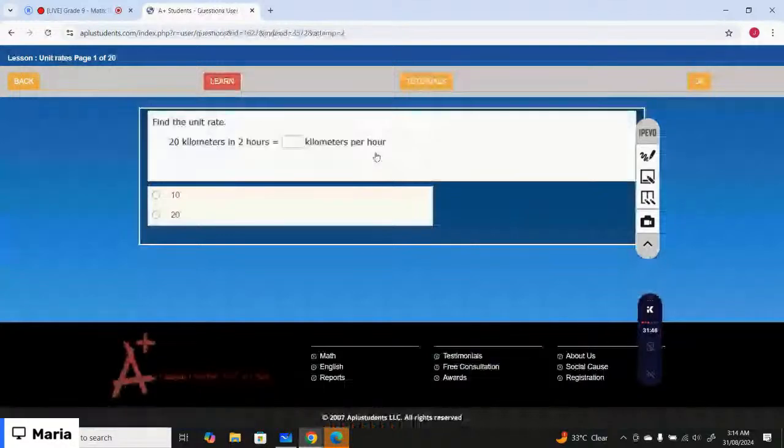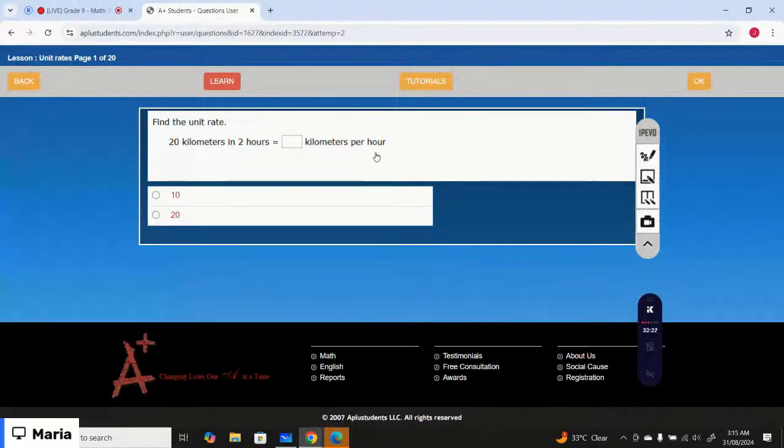Okay, find the unit rate: 20 kilometers in 2 hours. So you have to calculate how much the train travels in 1 hour. When you have to calculate the unit rate, you have to divide 20 by 2, right?